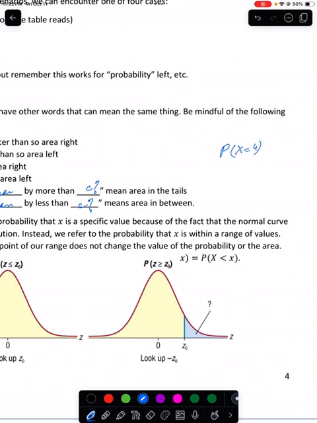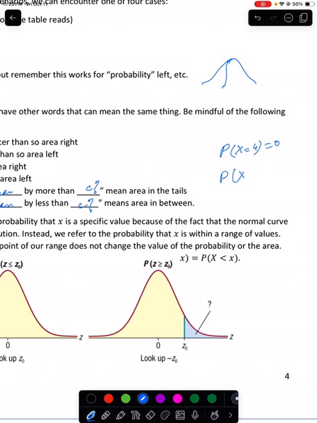The probability that X equals a specific value would actually be 0. The probability at X is basically saying what is the area under a point. So what is the area over here? Nothing, right? Area is 0. So we do not find this thing.